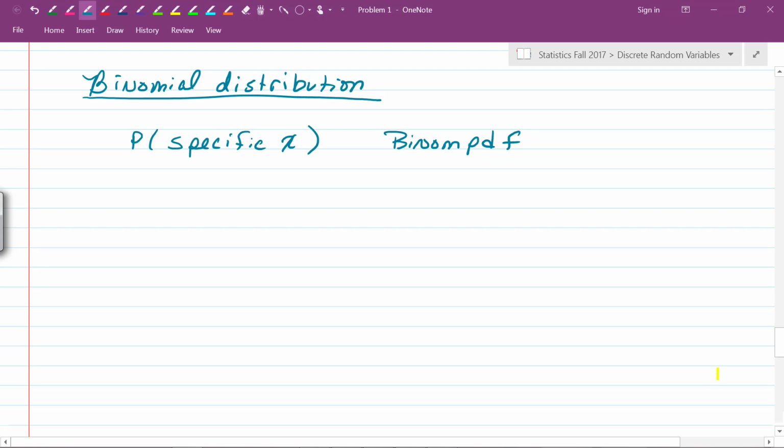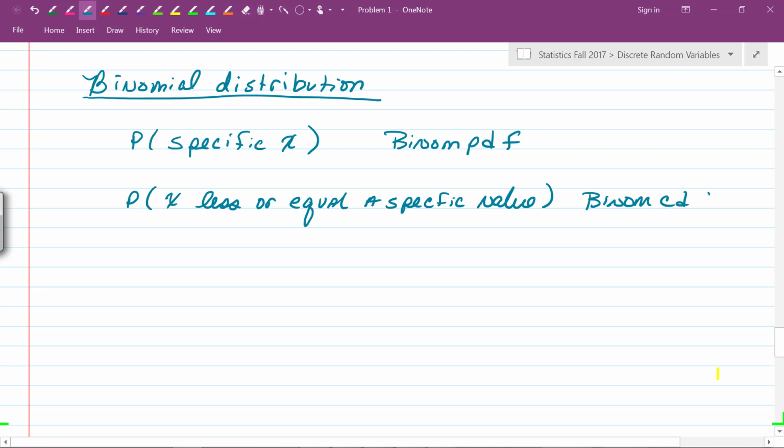If I need to find the probability that x is less than or equal to a specific value, I'm going to use the binomcdf. The C stands for cumulative. So you have to pay attention to the fact that in my definition, it's less than and equal to. Those are the two important parts here.